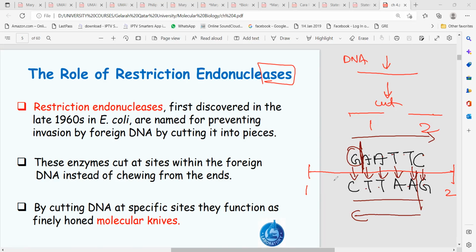Yes. So the restriction enzyme will now cut at this point and at this point. As a result, you will get a DNA fragment like this. Now you will see two fragments.